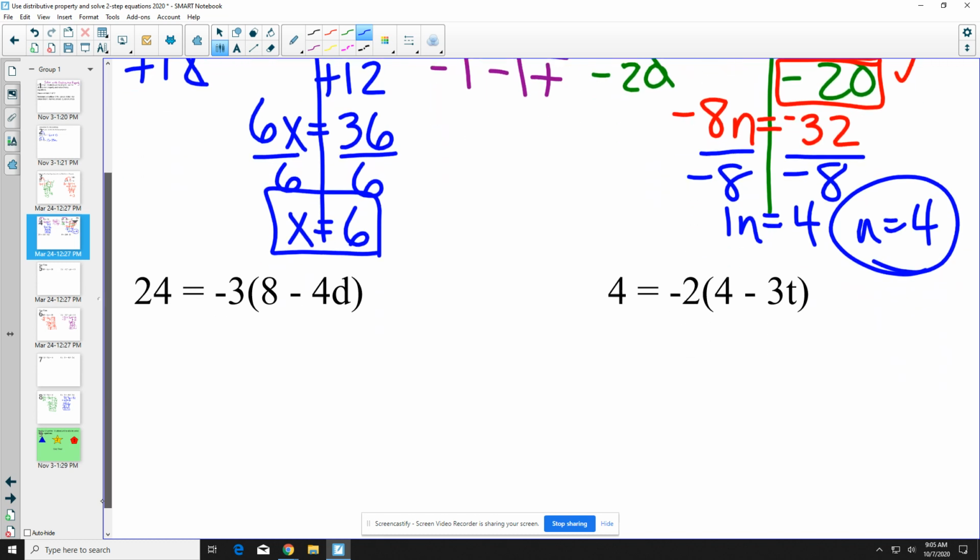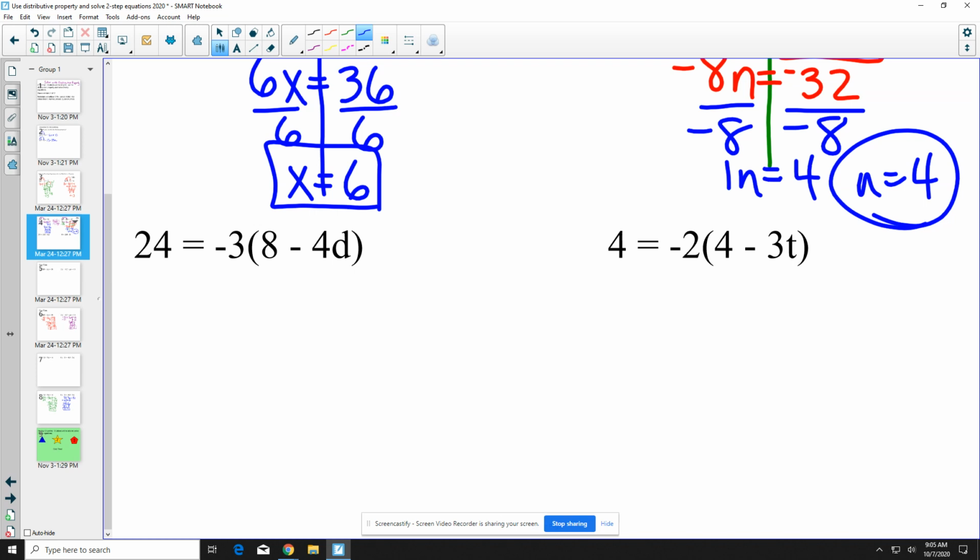All right, we're going to do 2 more together. Please take very good notes because you can look back at your notes for your assignments, your quizzes, and tests. So the next one says 24 equals negative 3, and then in parentheses, 8 minus 4d. Bring down your 24, bring down your equals.